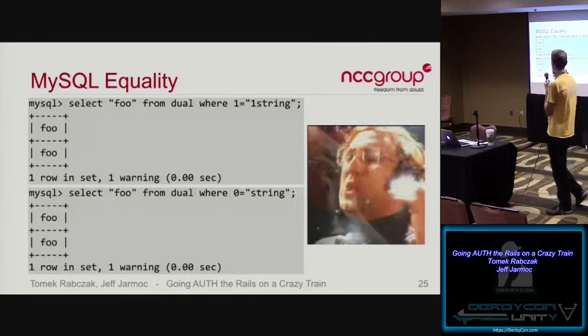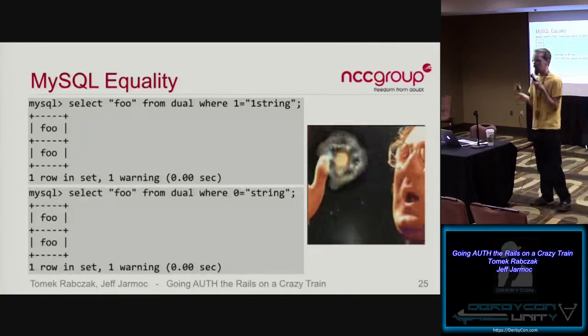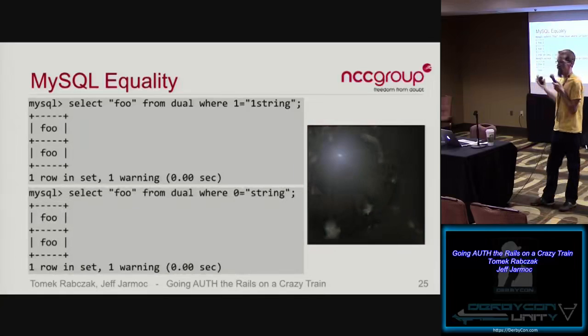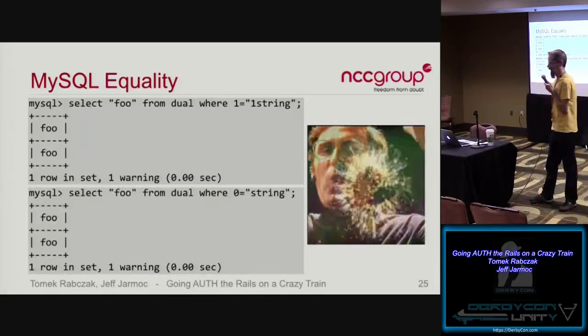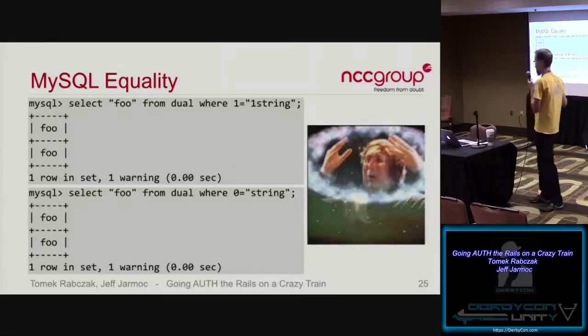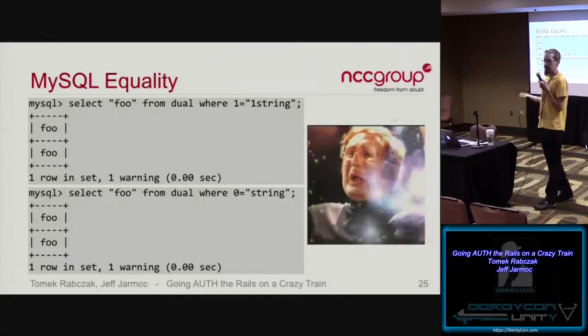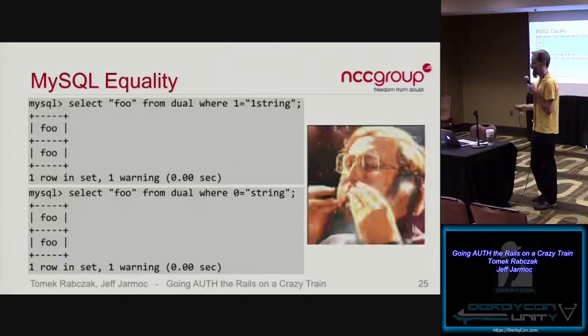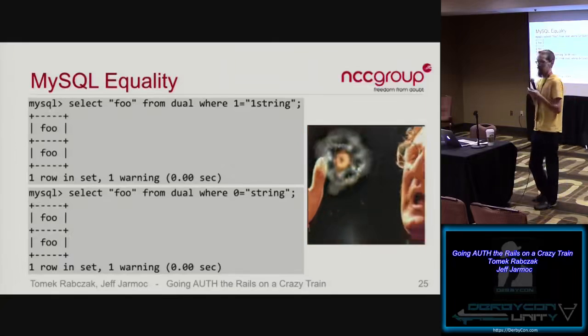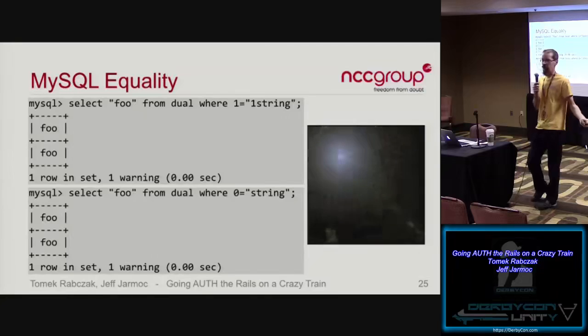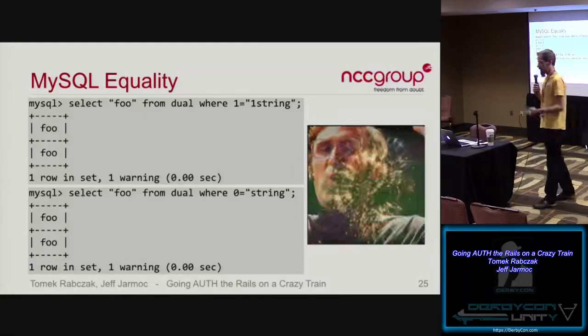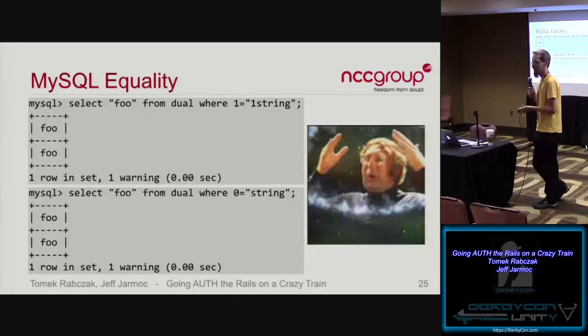Similarly, the integer 0 is going to be equivalent to any string that begins with a non-integer character. I don't get this. I have no idea why this is the case. But that's how MySQL's equality works. And it doesn't seem like they're likely to change it because it's going to break all kinds of things if they do. But that's really the root of the bug.